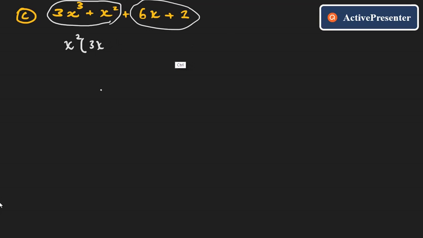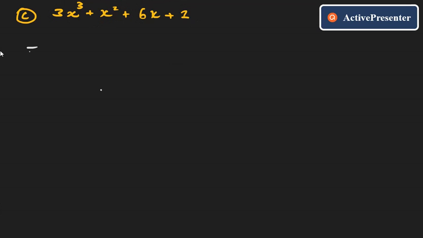So proceeding to solve the question, this is equal to, we will group 3x cubed plus x squared together and 6x plus 2 together. Now take the greatest common factor here.